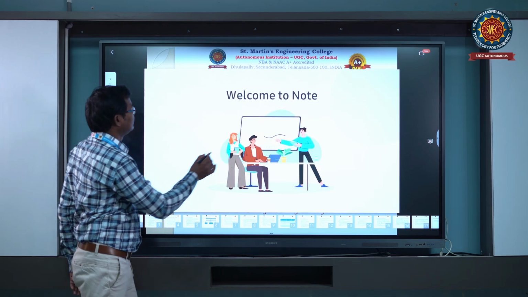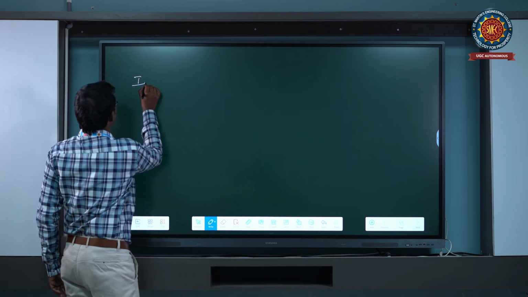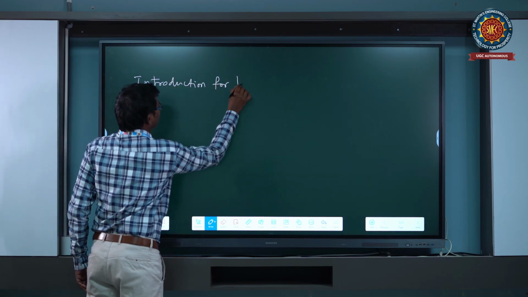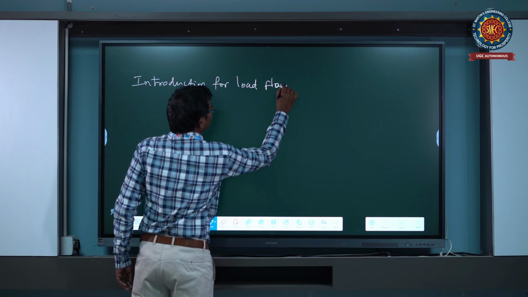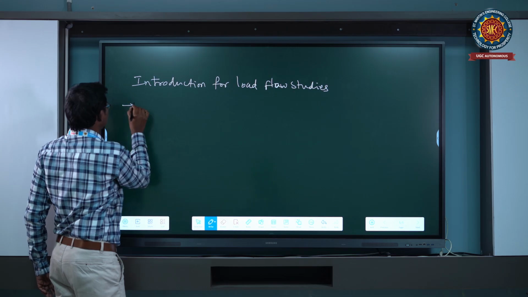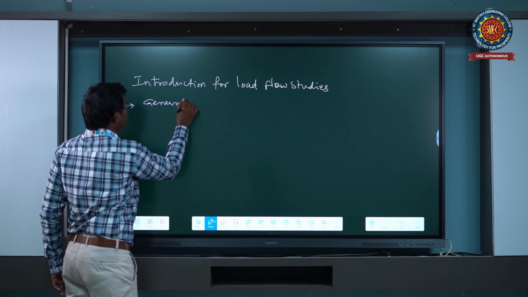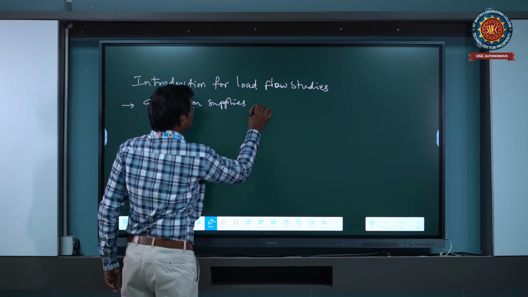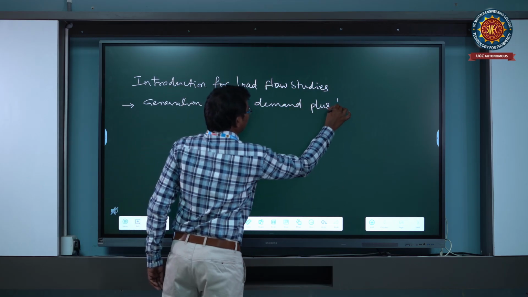What is the introduction for load flow studies? In load flow studies, the first case is that the generation supplies the demand plus losses.